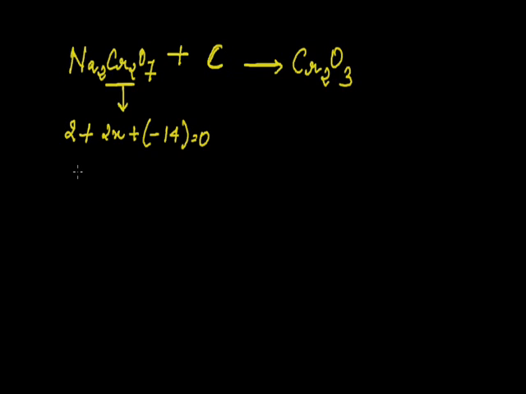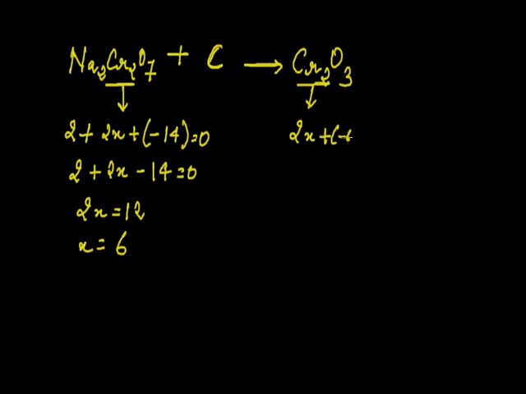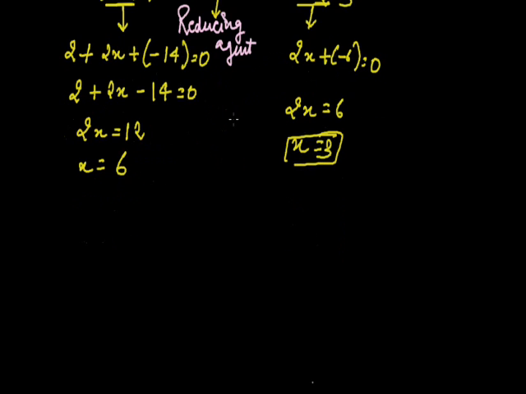So 2 plus 2x minus 14 equals 0, 2x equals 12 and x equals 6. In Cr2O3, the oxidation state of chromium comes out to be 2x minus 6 equals 0, 2x equals 6 and x equals 3. As carbon acts as a reducing agent, it will get oxidized, and in Na2Cr2O7 the chromium gets reduced.